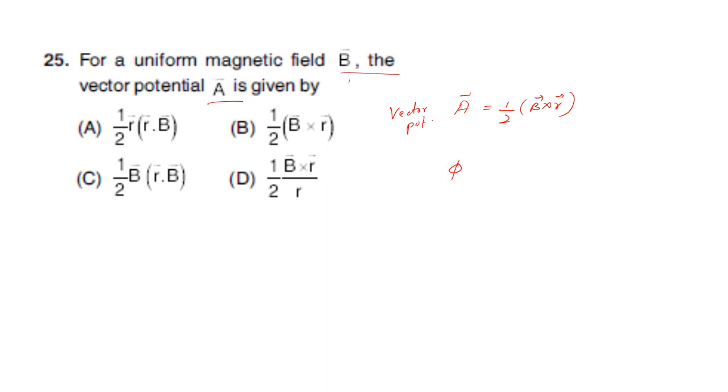Similarly, the scalar potential is given as minus E dot r. So always a cross product for vector potential and a dot product for scalar potential. Remember these points. Therefore, here the answer is half B cross r.